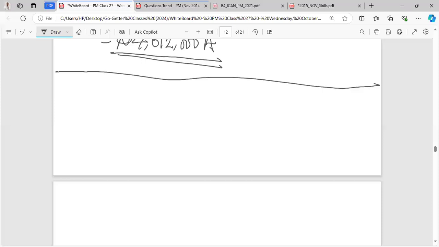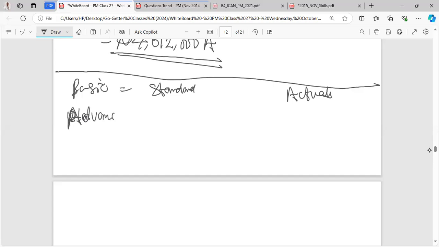Your basic variance is between standard and actuals, while your advance variance is between standard, then there is actual, then there is revised.